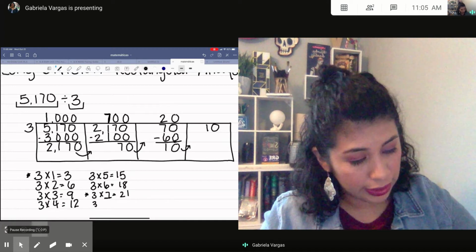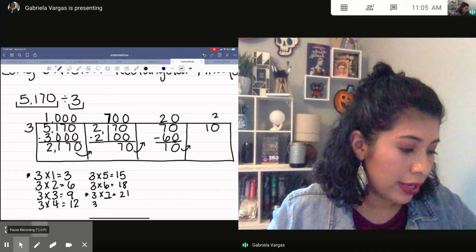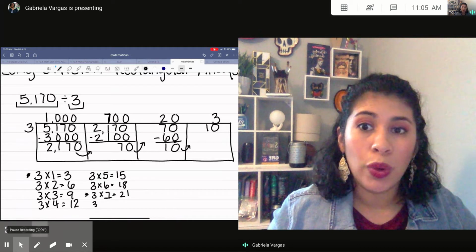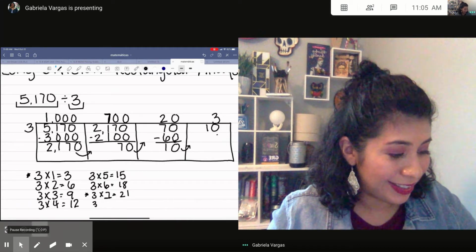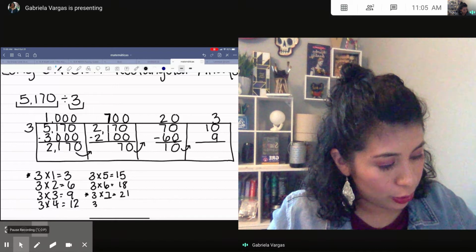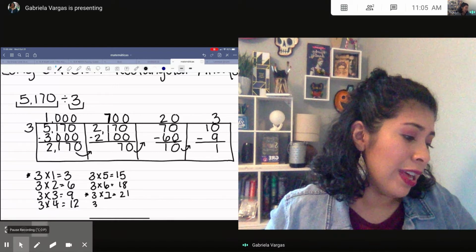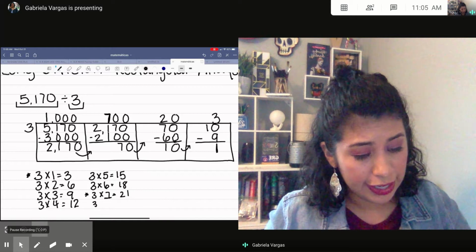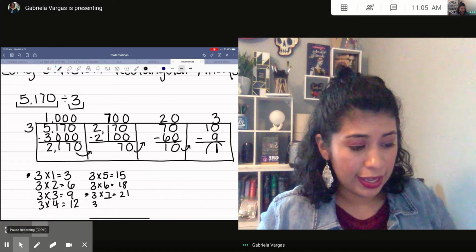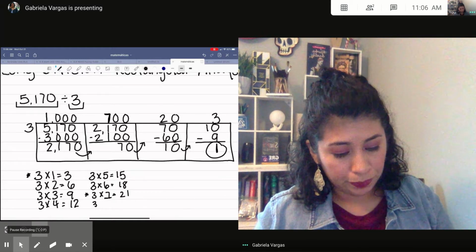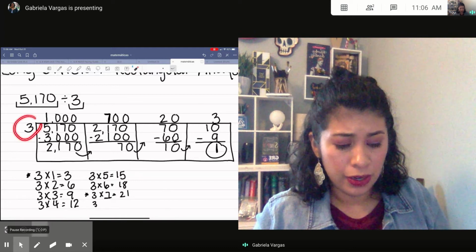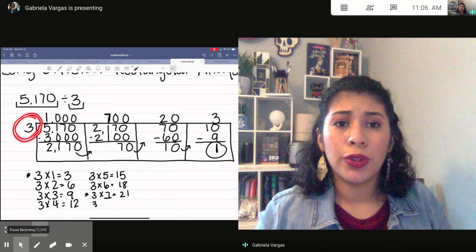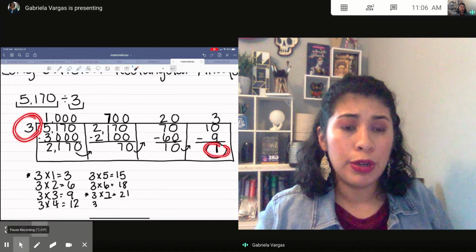So I will put my 3 right above the 0 for the ones place. 3 times 3 is 9. I'm going to subtract, and now the only thing I have left over is a 1, and that 1 is less than my 3, so that becomes my remainder.